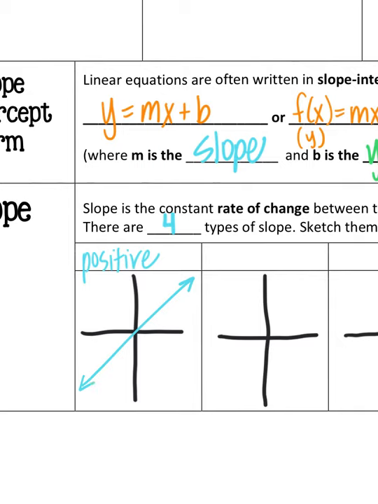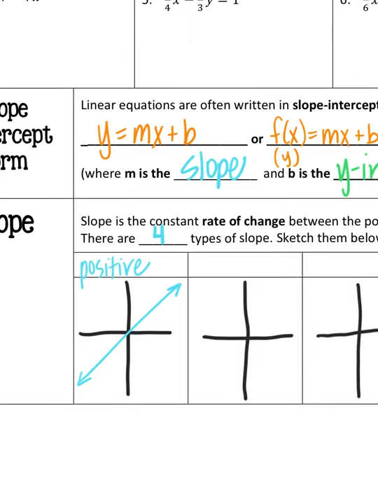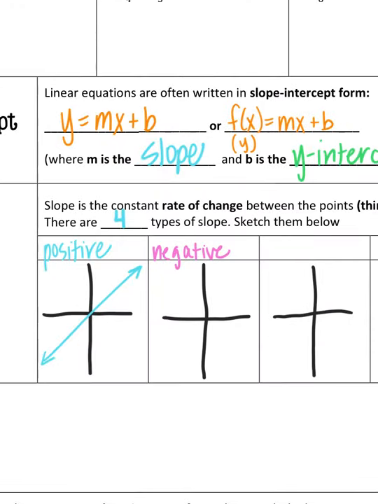So when we read left to right, we're starting at the bottom and going to the top. Now we have a negative slope. A negative slope, from left to right, will start at the top on the left and go down to the right. So again, left to right is going down.